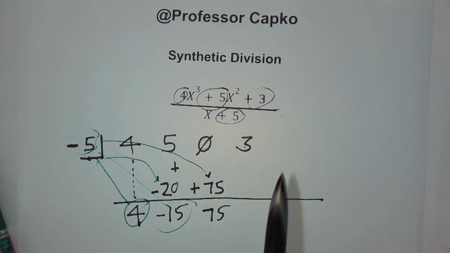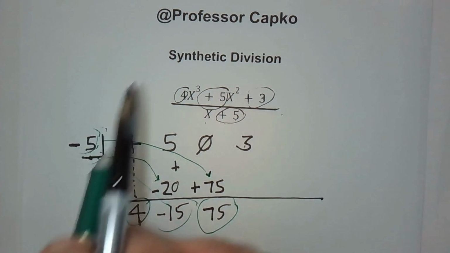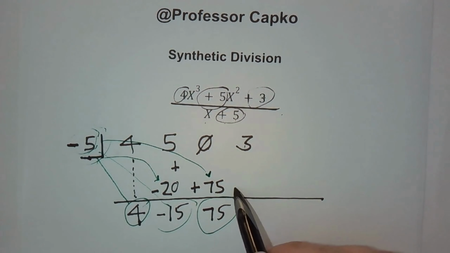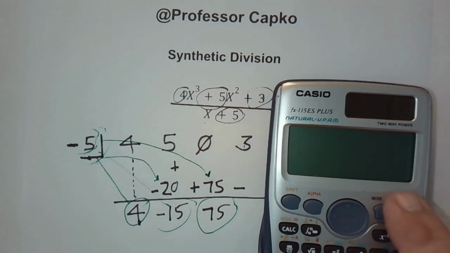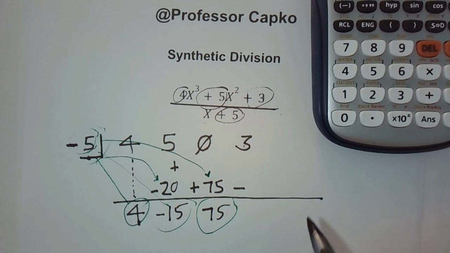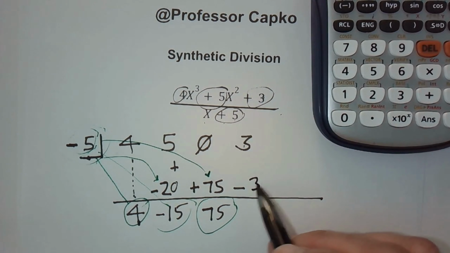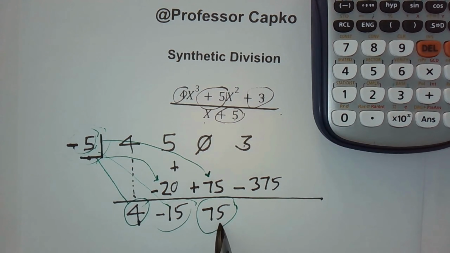Repeat the process one more time because there's one more column. I'm going to take the positive 75 and I'm going to multiply it by a negative 5. So I've got a negative answer. And if I need to, I can pull out the calculator. No shame in that. And just to be sure, 5 times 75 is equal to 375. And we know it's a negative because it's a negative times a positive.